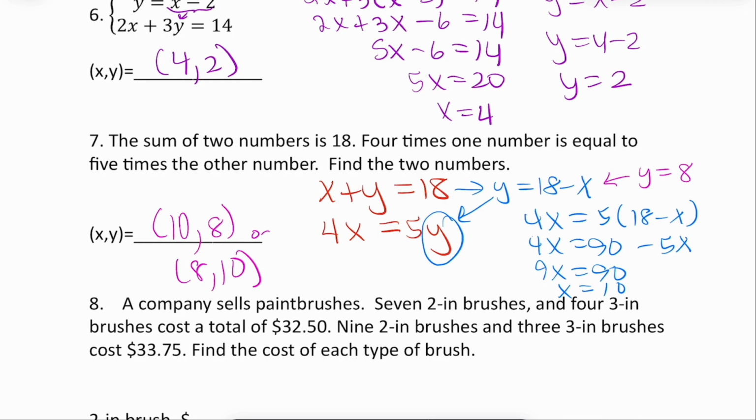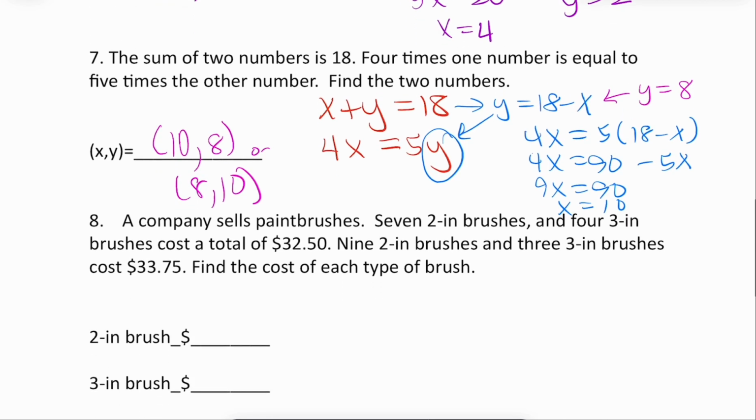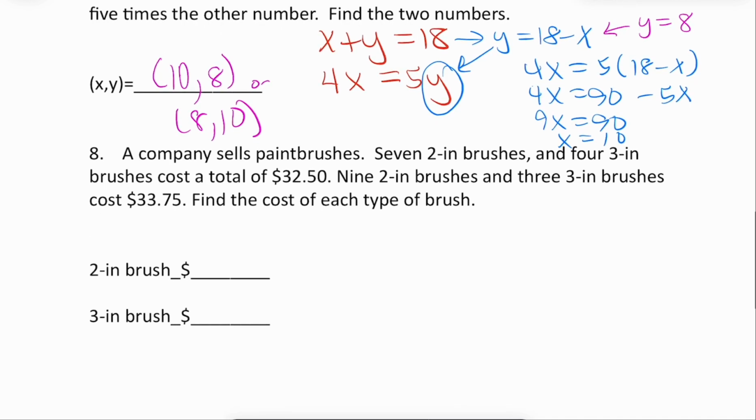And lastly, one more word problem to go. Let's try number 8. So it says a company sells paintbrushes. 7 2-inch brushes and 4 3-inch brushes cost a total of $32.50. Now before we move on, let's call x the number of 2-inch brushes we are going to buy, and y the number of 3-inch brushes we're going to buy.